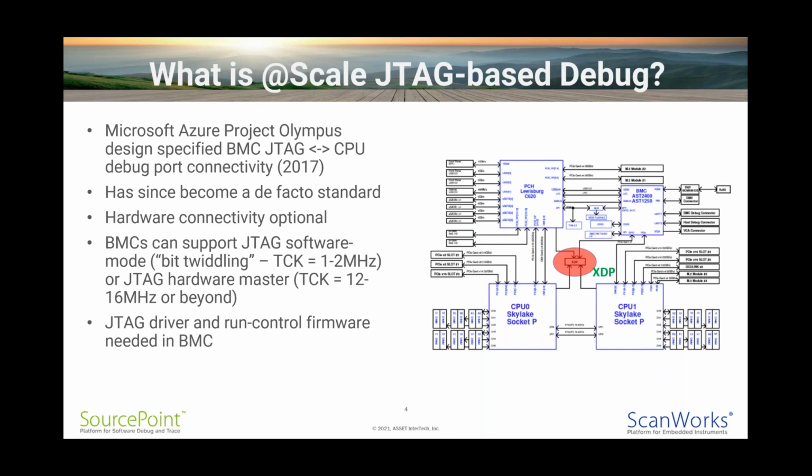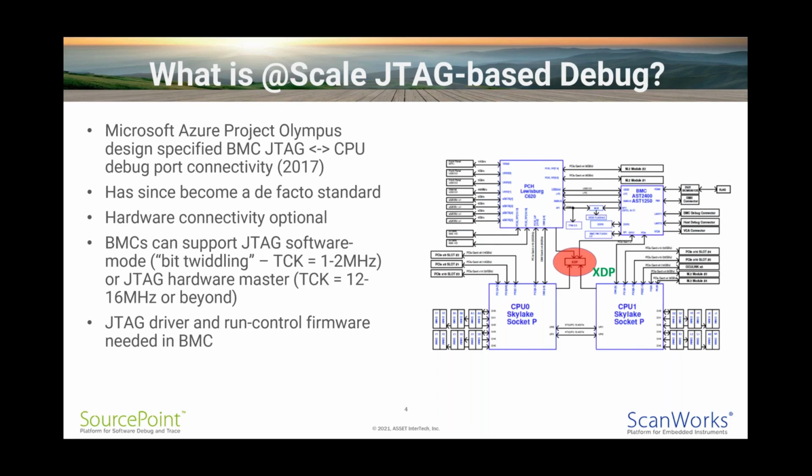As part of the Open Compute Project, or OCP, Microsoft Azure made a contribution of their Project Olympus server design, the intent of which was to support the hyperscale initiatives, of course, and to a great extent commoditize and open source server hardware.